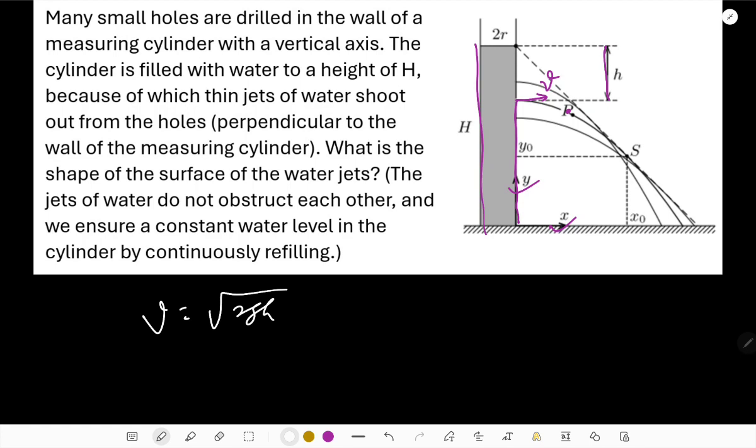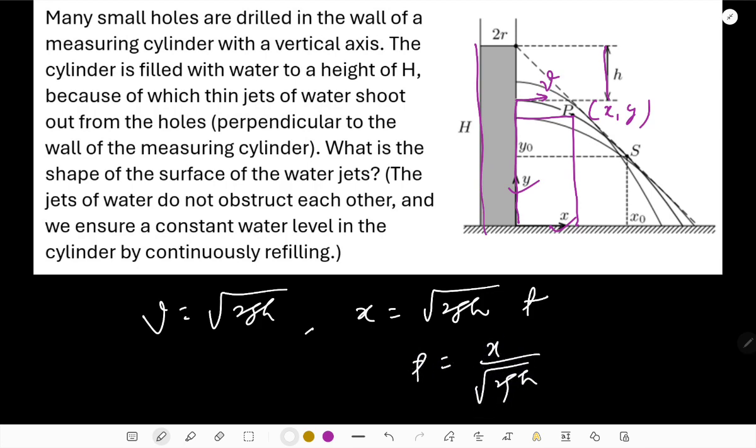So to reach the point P, whose coordinates are x, y, you can write x is equal to under root 2gh multiplied by time, so that we get t equals x by under root 2gh.